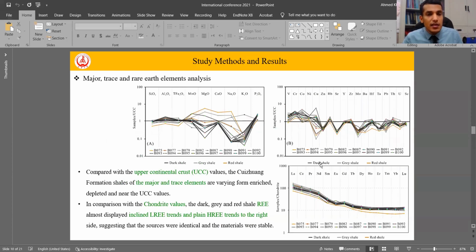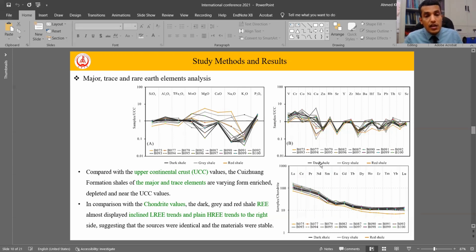So, major, trace and rare earth elements. Comparing the major and trace elements with the upper continental crust values, we can see that some elements are enriched, some are near to the UCC values, some are depleted.